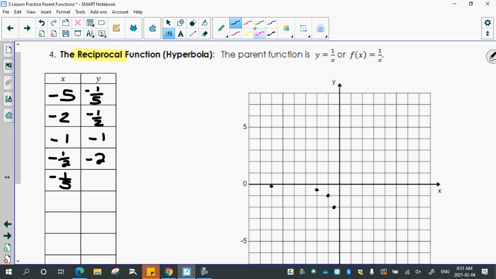Anyone think they know? -5? Okay, does anyone know what the word reciprocal means in math?